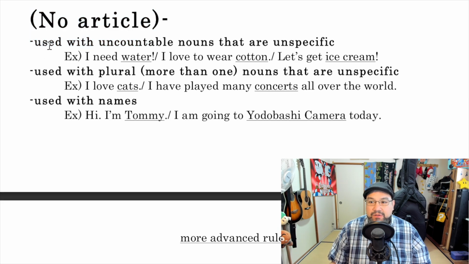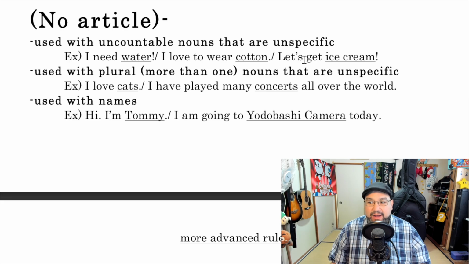Next, no article, no a, an, or the. So, it's used with uncountable nouns that are unspecific. For example, I need water. You don't say, I need a water. You can, but I will explain in the more advanced rules. I love to wear cotton. Let's get ice cream.